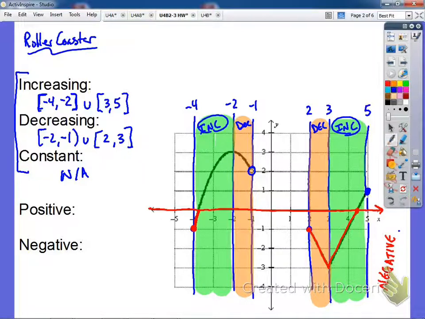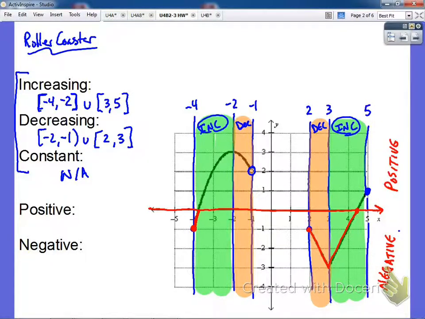Where is it positive? It seems to be positive right here. It's right here.